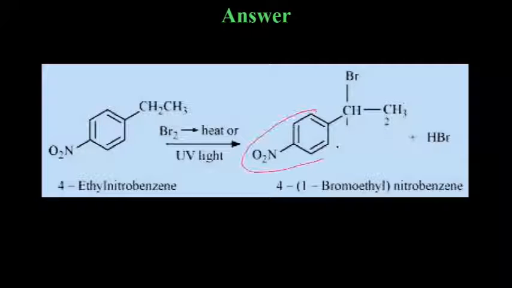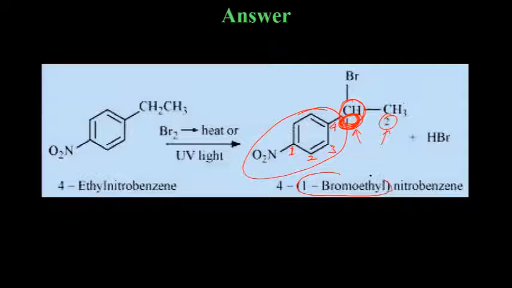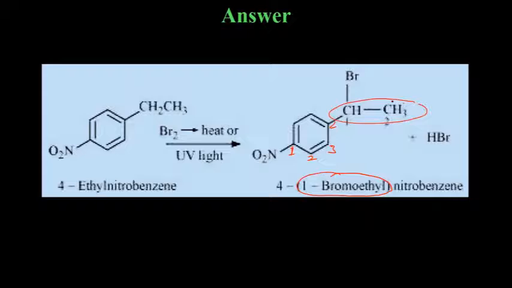So this one is nitrobenzene, and this carbon is 1, 2, 3, 4. On fourth carbon, you have this one attached. And the rule says that the carbon which is attached to main chain will be numbered as 1. So that's why this carbon is 1, this carbon is 2. On first carbon, you have bromine, so that's why 1-bromoethyl. The reason it is written as ethyl is because here it is not ethane.